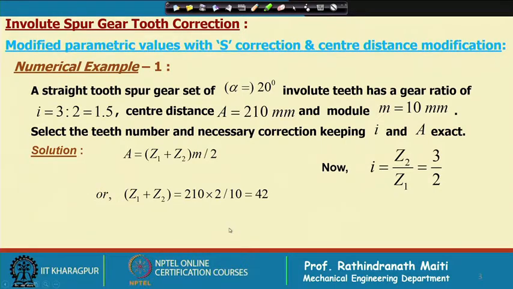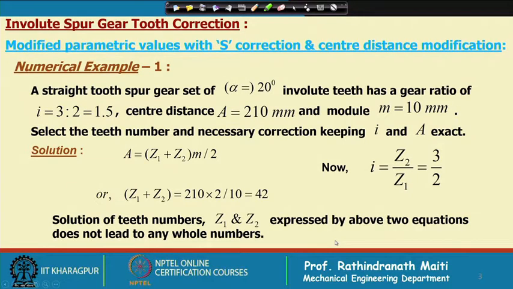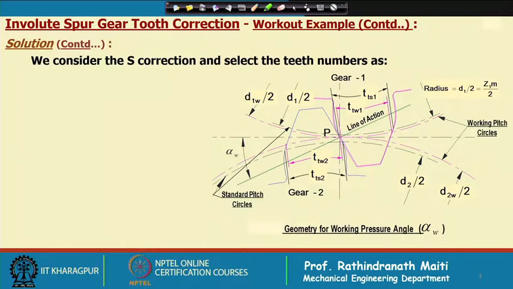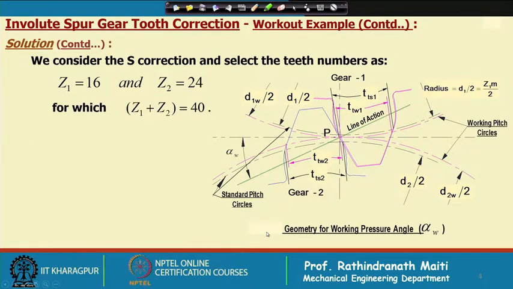We cannot take an exact number of teeth which will give ratio 3 by 2 and the summation of teeth number 42. Then the closest solution is possible with teeth number Z1 equal to 16 and Z2 equal to 24, for which the ratio is 3 by 2, but the summation of teeth number comes to 40.